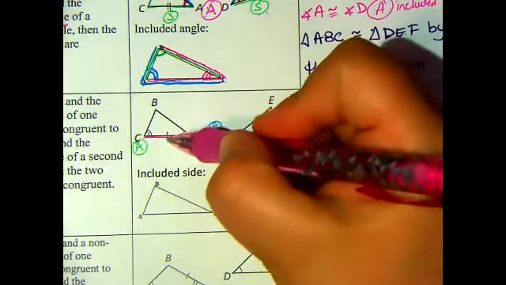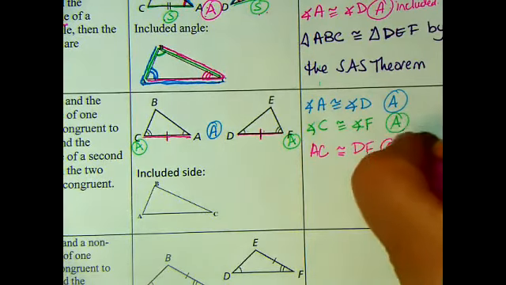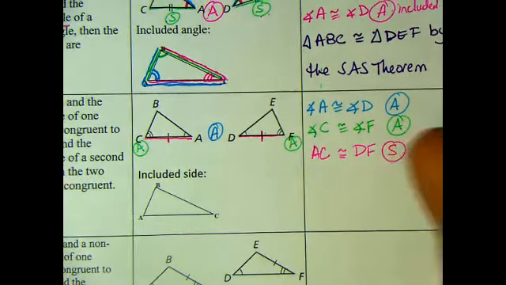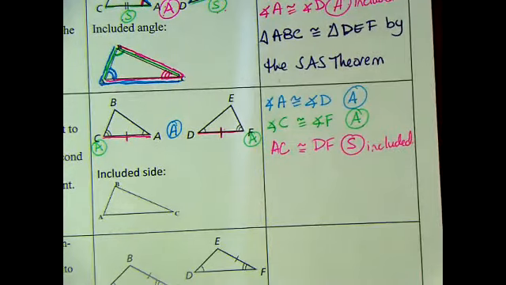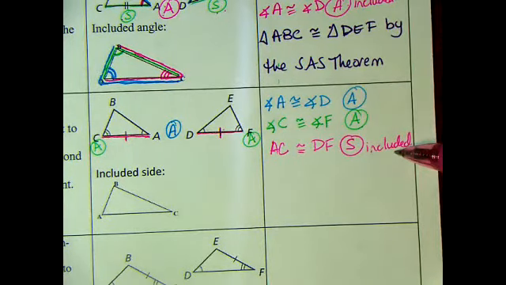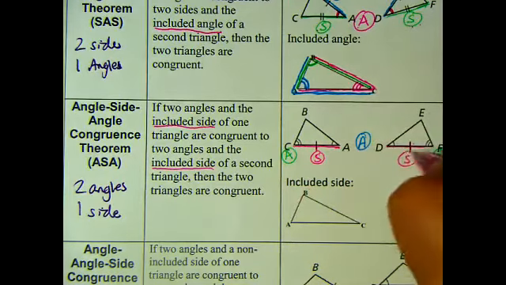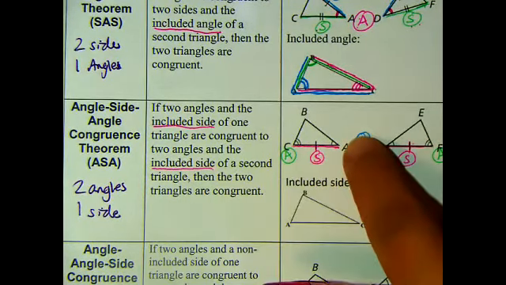I can see that I'm given that they are both congruent. I'm not pulling it out of thin air, or writing it down because it's convenient. It's given to me that they are congruent. So this is my side, and it is my included side. I have my angle, my included side, my angle.